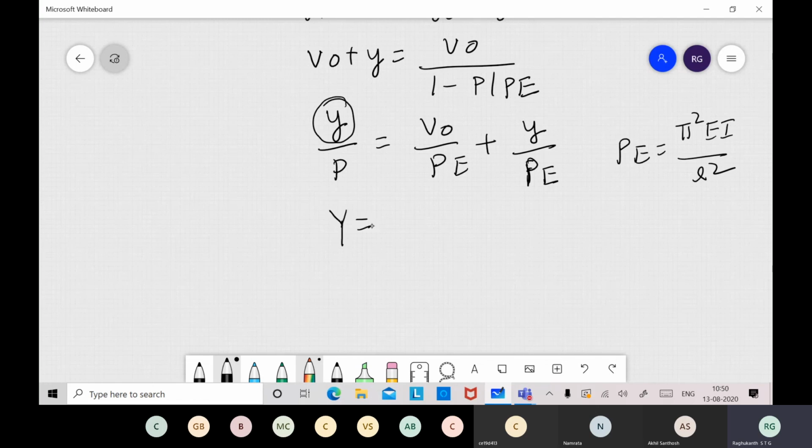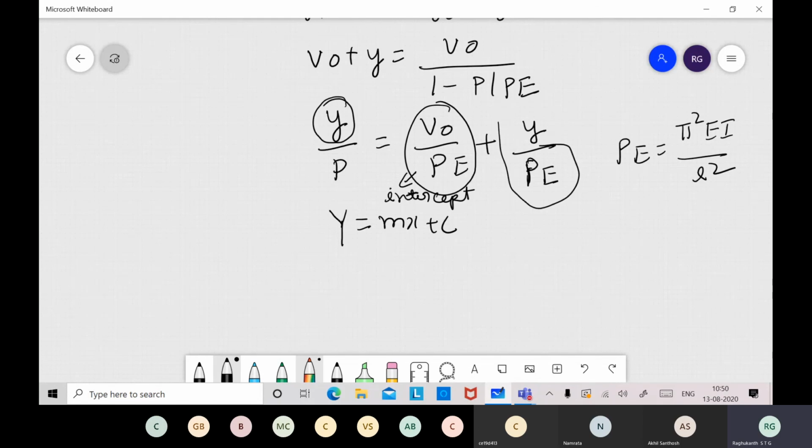It is something like y is equal to mx plus c kind of a thing. So this is your intercept here, and this one, you followed, right? The slope of your equation.